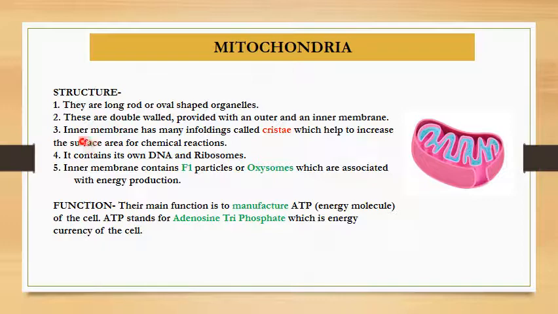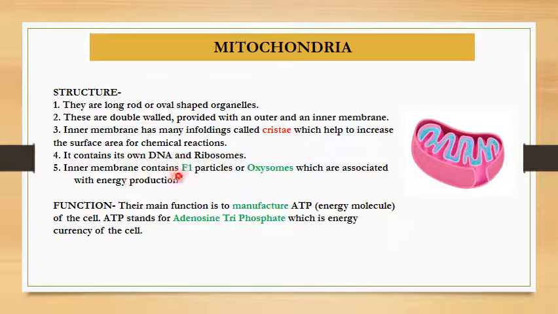Mitochondria. Structure. They are long, rod or oval shaped organelles. These are double-walled, provided with an outer and inner membrane. Inner membrane has many infoldings called cristae, which help to increase the surface area for chemical reactions. It contains its own DNA and ribosomes.